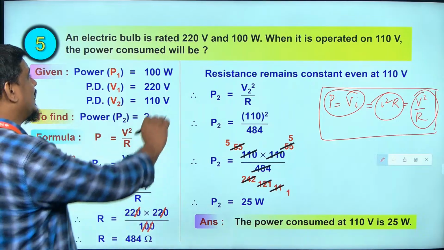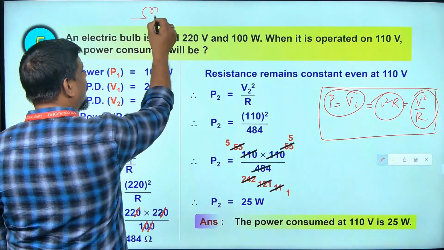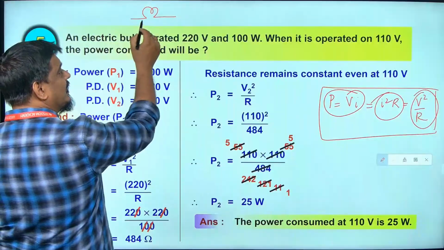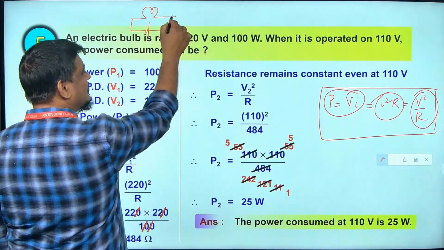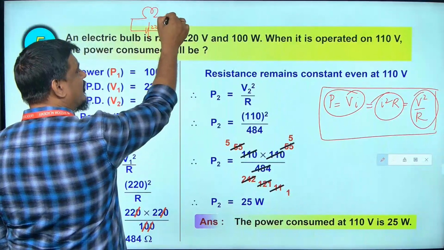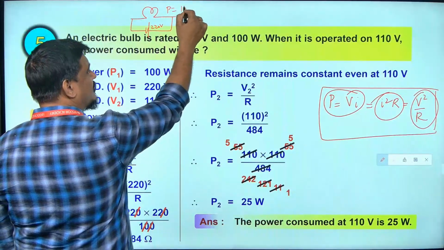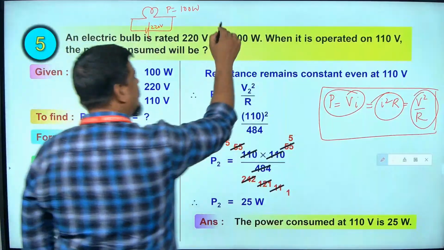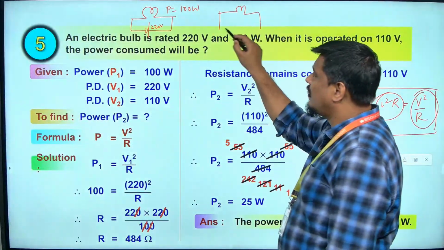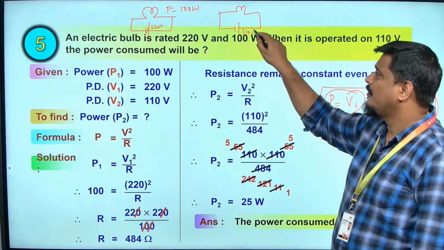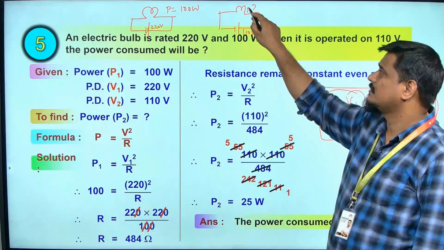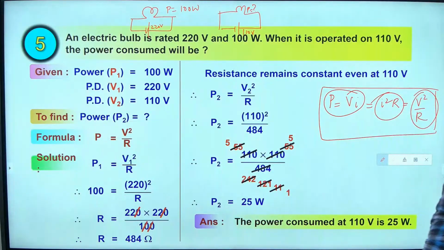They have just told that there is an electric bulb which is connected across 220 volt supply, and it is giving a power of 100 watts. Now the same bulb connected across 110 volt supply will give how much power? That is the question. Right, Preetham? Nowhere it is mentioned series or parallel.